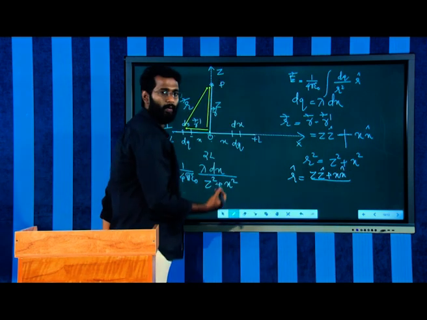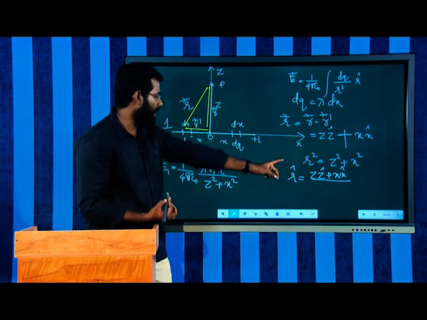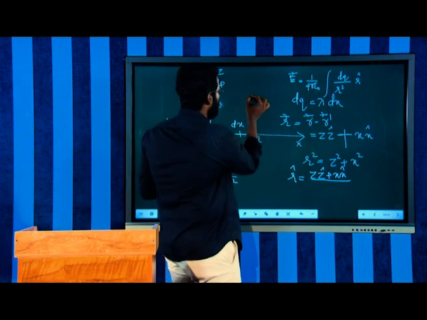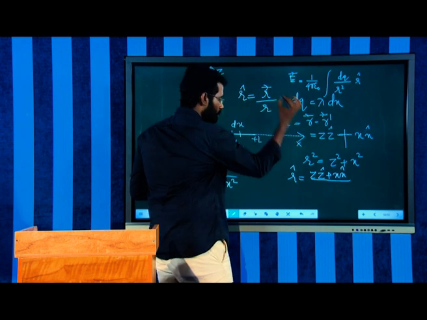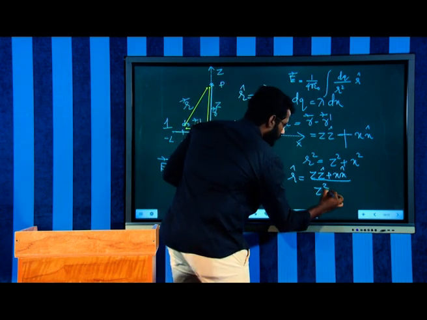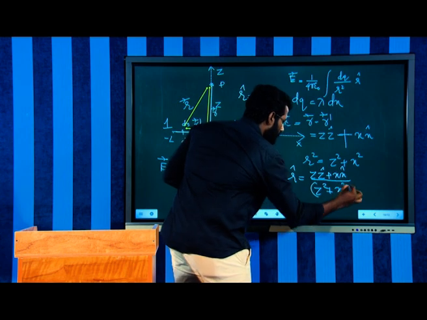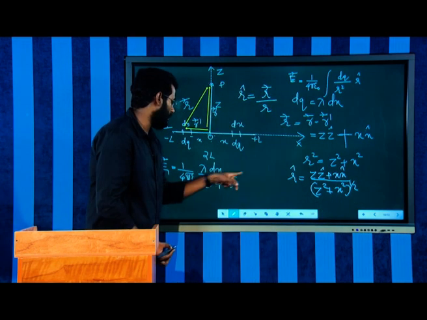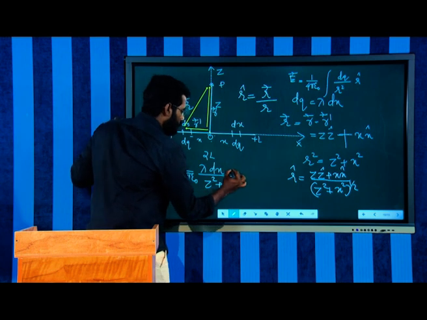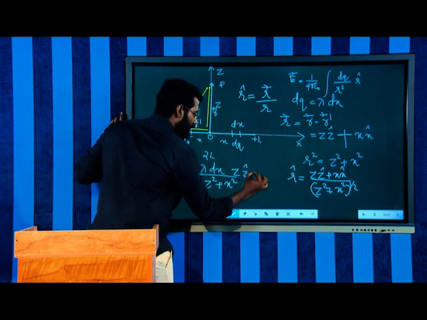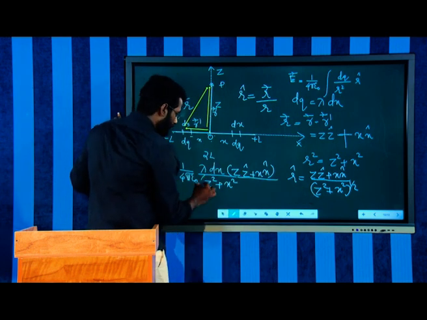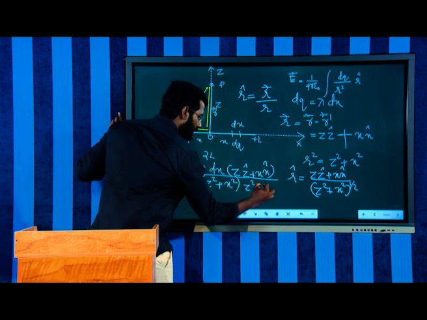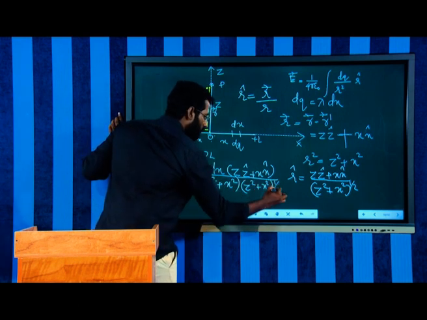We know the definition of the unit vector, r cap is equal to vector r divided by magnitude r. What is the magnitude? z square plus x square the whole raised to 1 by 2. So, that is z cap plus x cap divided by z square plus x square the whole raised to 1 by 2.